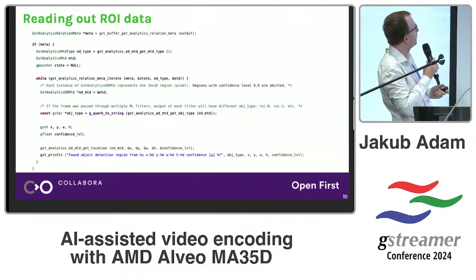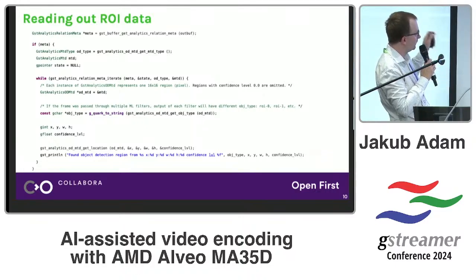here is an example of how you could access that data in the analytics meta using your own element that you could write, just getting the meta out of the buffer, and then you would iterate through the relation meta of the type object detection, and every object detection instance represents one of those 16 by 16 regions in the output of the ML filter.